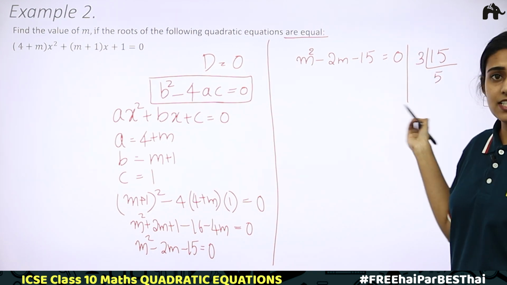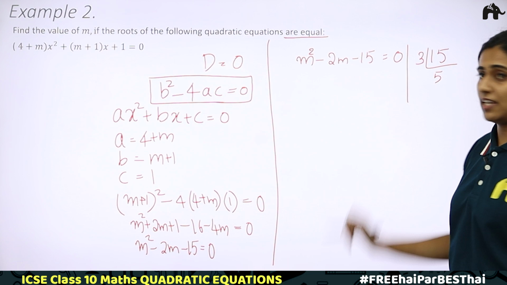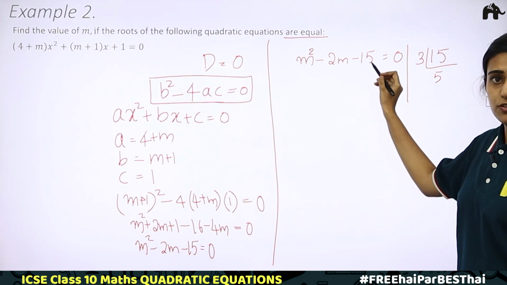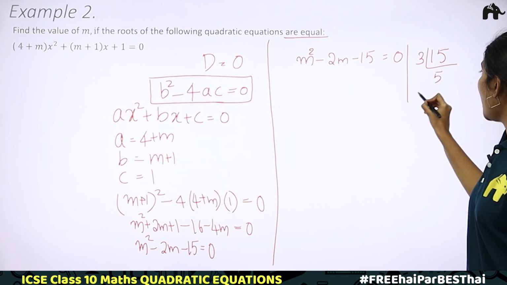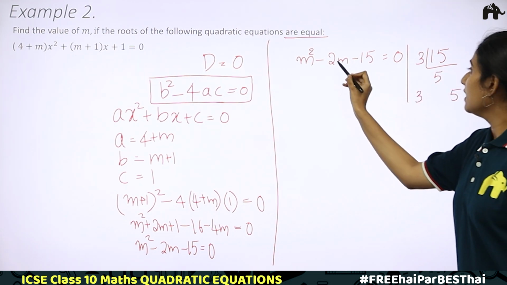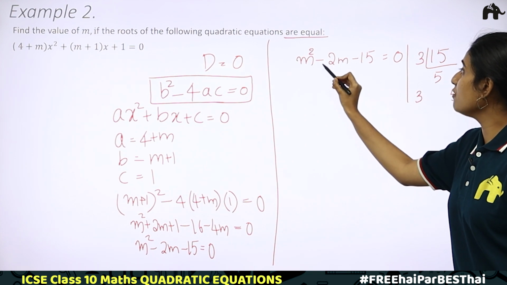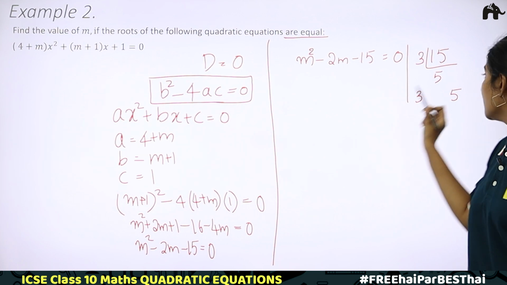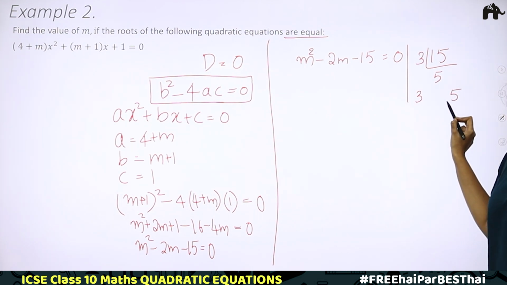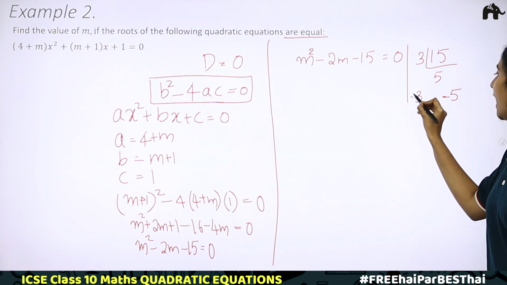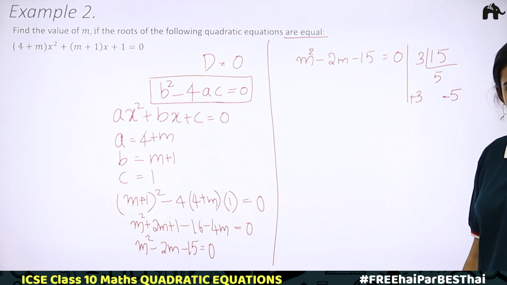Which means the factors are 3 and 5. Now check the sign. We have minus 15, which means either 3 or 5 should be negative. Now check. Here we have minus 2, which means the greater number should be negative. Here 3 and 5, the greater number is 5. 5 should be negative and 3 should be positive.